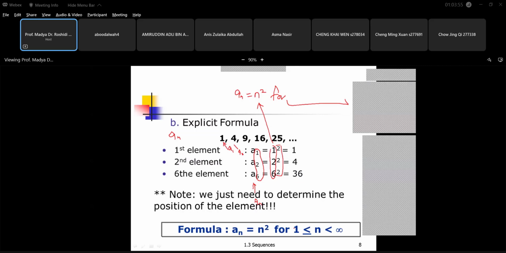Because we only utilize a_n only, not a_(n-2). No, we just utilize a_n only. So there is no a_(n-1) and so on inside this formula. So we just utilize a_n equal to n squared for n greater than or equal to 1.